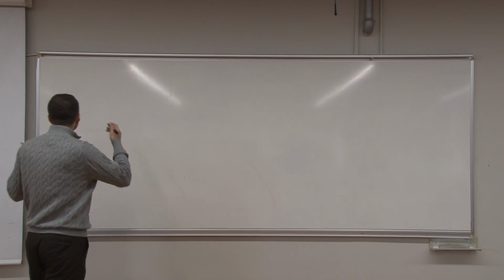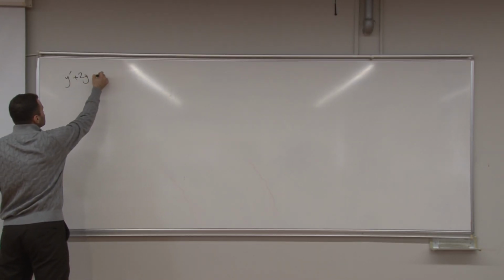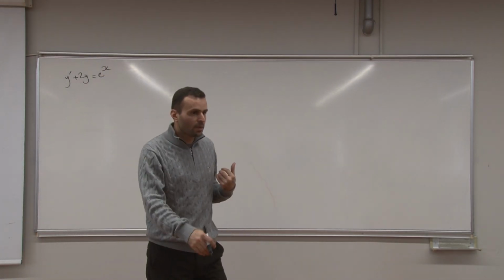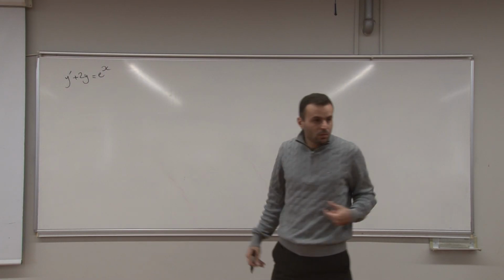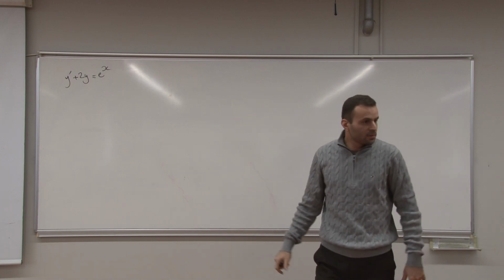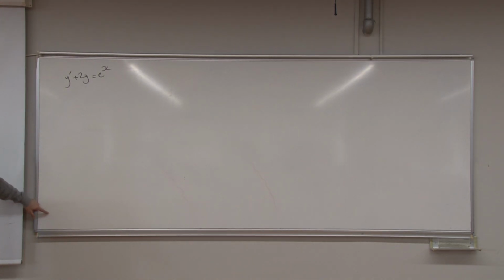If I give you, for instance, y prime plus 2y equal to, I don't know, e to the power of x, let's say. Okay? And if I ask you to solve it. Is this a first order differential equation? Yes. But how are you going to solve it? Up to now in this ladder, we haven't come across a case like this, right?